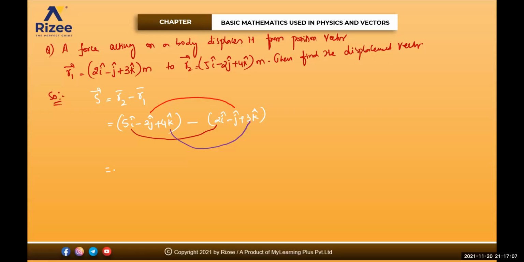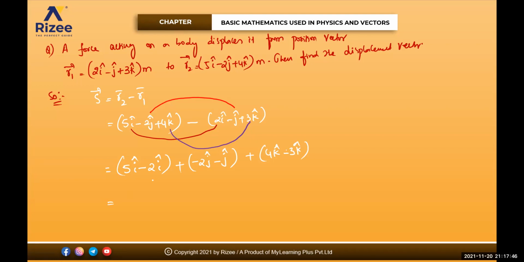Okay, so how much will that become, beta? 5 i cap minus 2 i cap, isn't it? So plus the next one, minus 2 j cap minus j cap, plus 4 k cap minus 3 k cap.